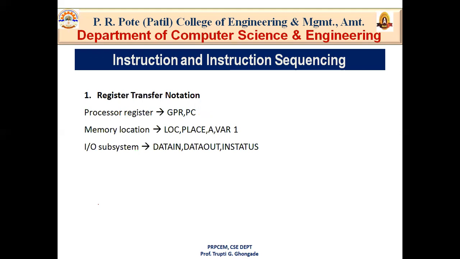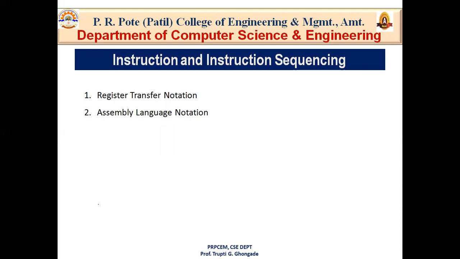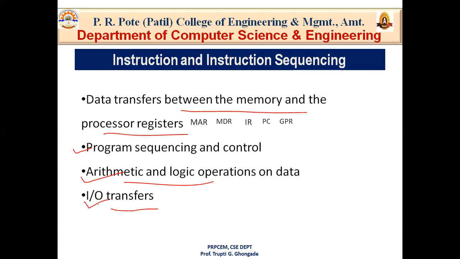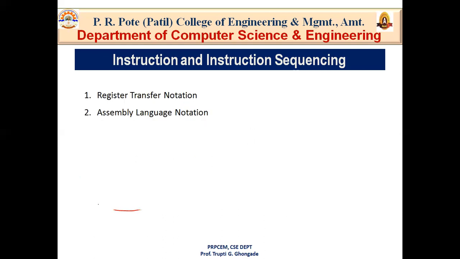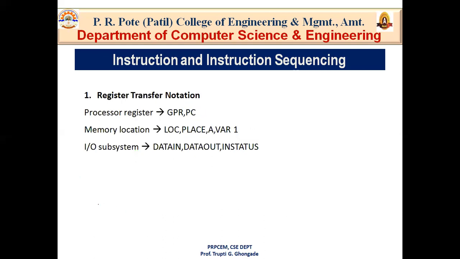Here, when we are performing the following operations like data transfer between memory and processor, arithmetic and logical operations on data, and IO transfer, all of these are performed by using registers only. So whether it is a memory operation or an execution operation, anything is done by the registers only. Okay.